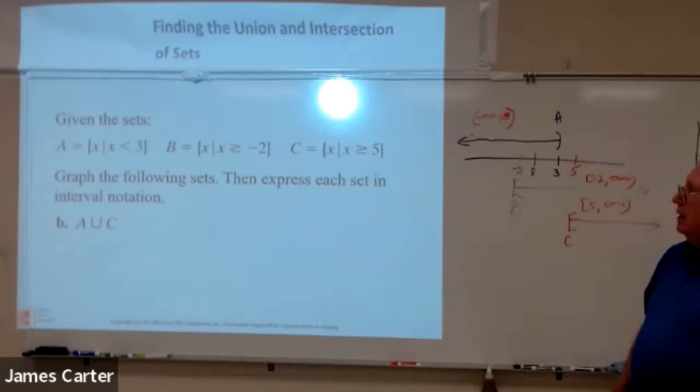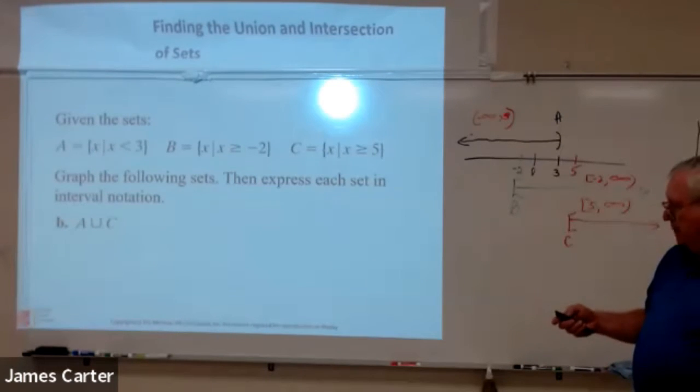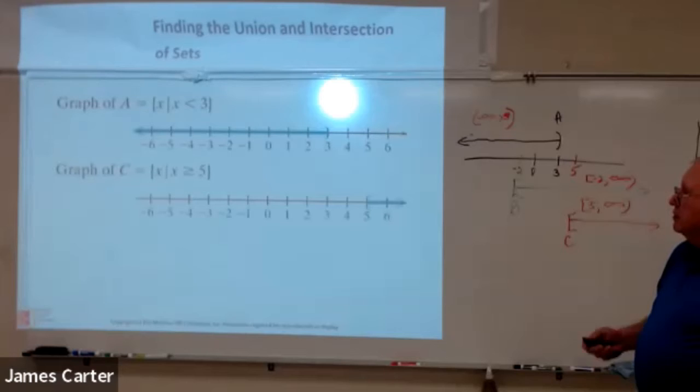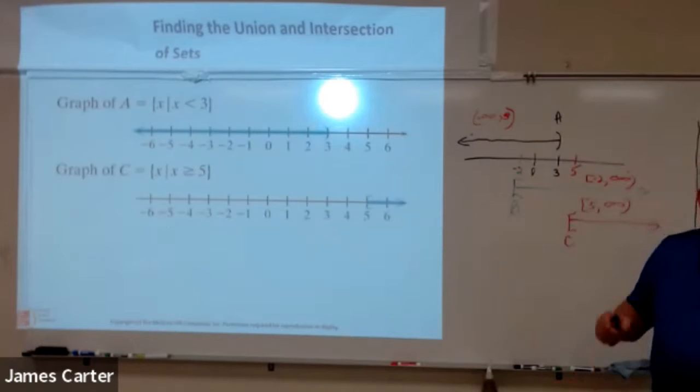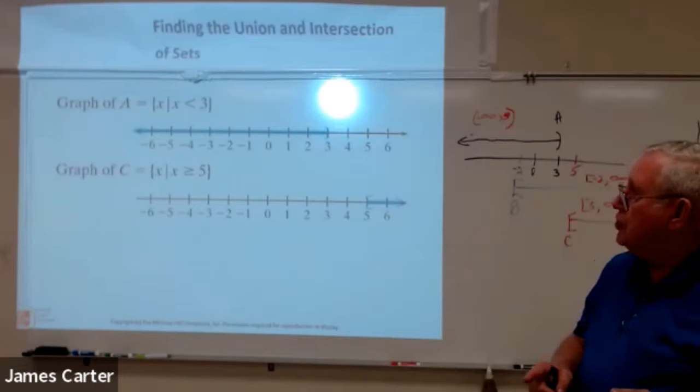Okay, now, let's find the union of A and C. Okay, there's A. There's C. There's a gap, isn't there? There is no possible inclusion.